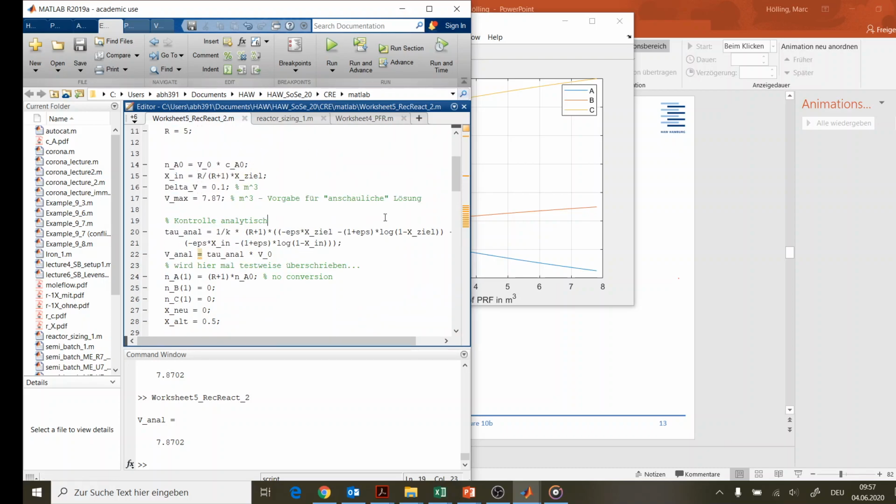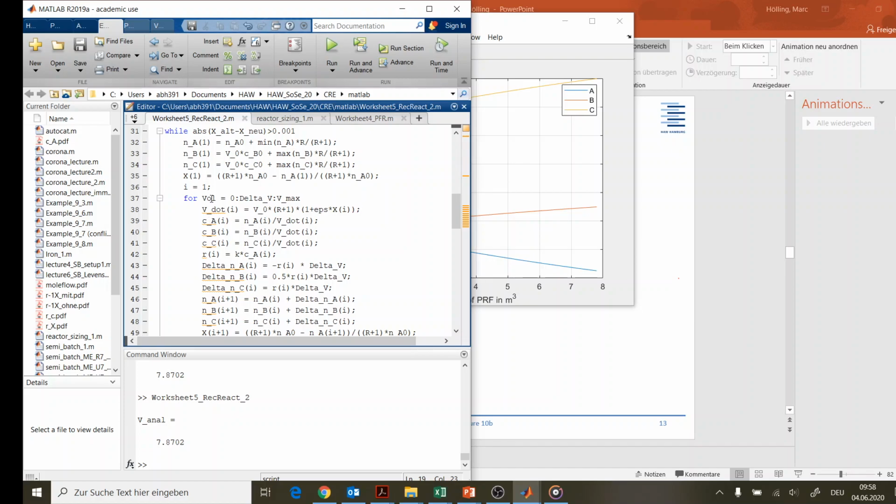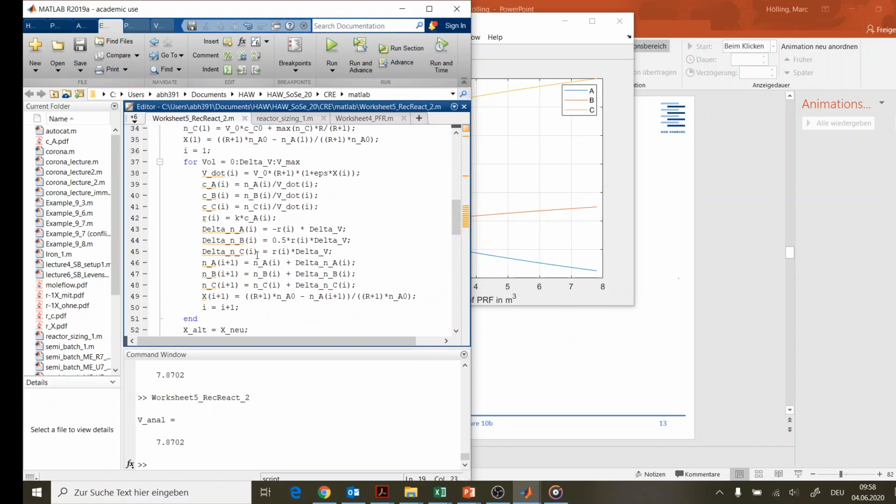What I also did here to make it more obvious, I'm saying, okay, I know in advance that my reactor should be 7.87 cubic meters. So this should be the volume of my reactor. And then here I'm just saying, okay, now let's calculate what's happening inside the reactor until we reach the volume of 7.87 cubic meters, and then I'm just playing around until we reach convergence.